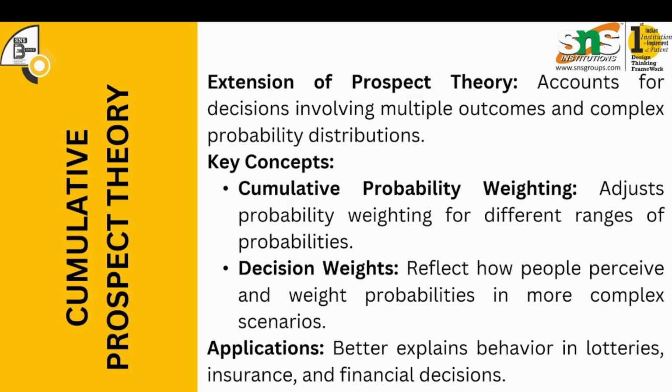Different ranges of probabilities have different weights, and all these weights accumulated together will decide whether somebody would invest or refrain from investing in a stock. The second concept is decision weights. This concept reflects how people perceive and weight probabilities in more complex scenarios. This theory better explains the behavior in lotteries, insurance, and financial decisions.